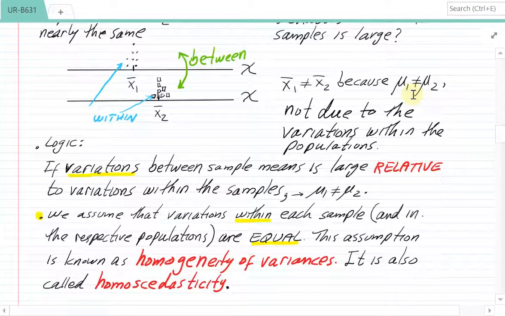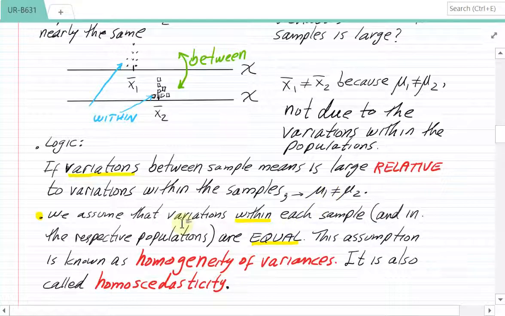So, if variation between the sample means is large relative to variation within the samples, remember within means inside here, then we can infer that the two population means are indeed different.